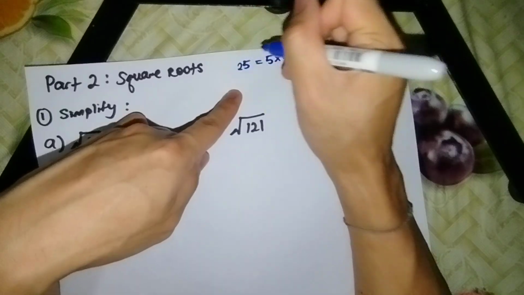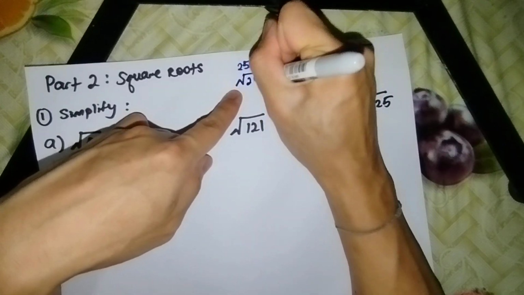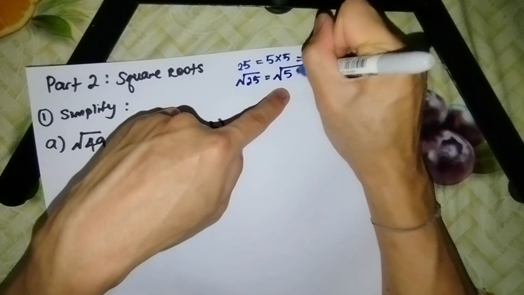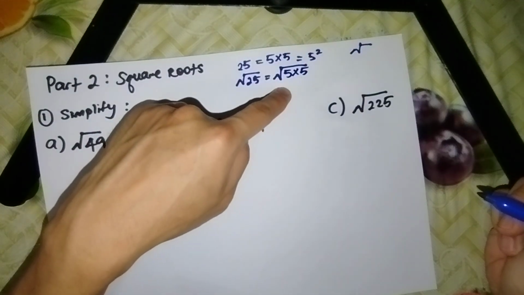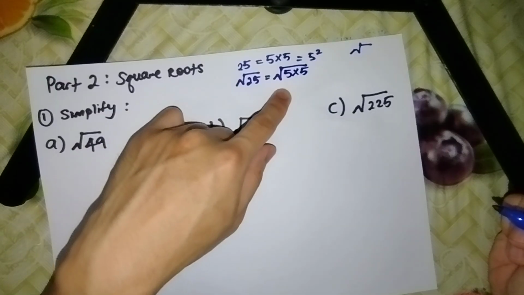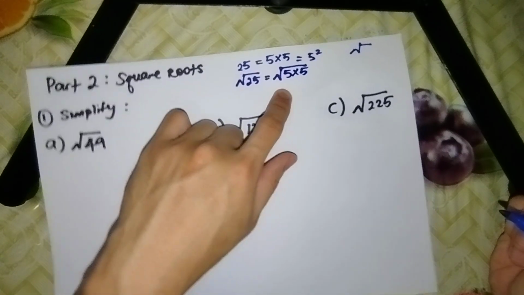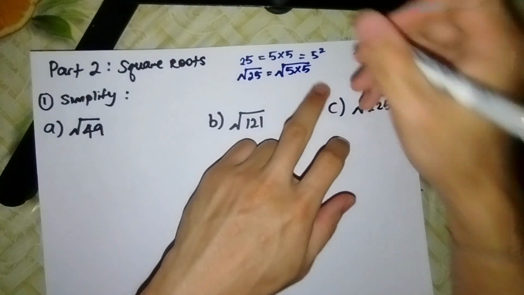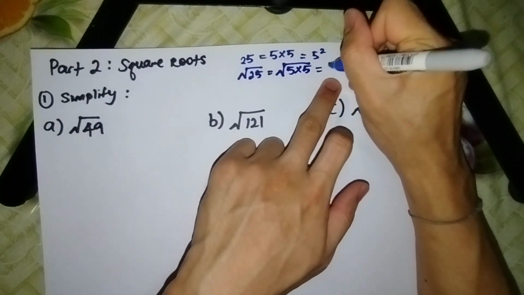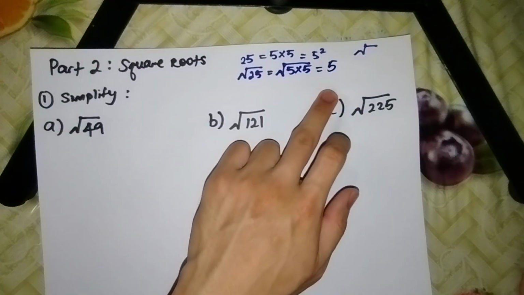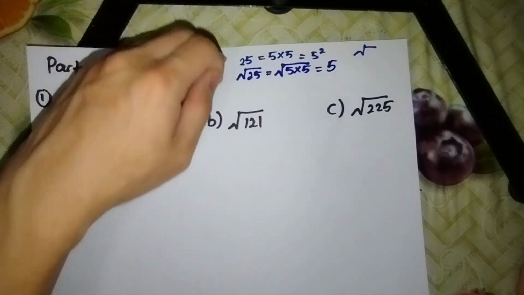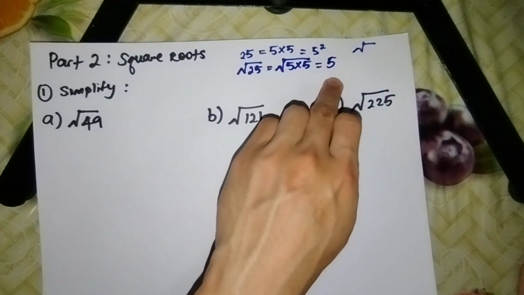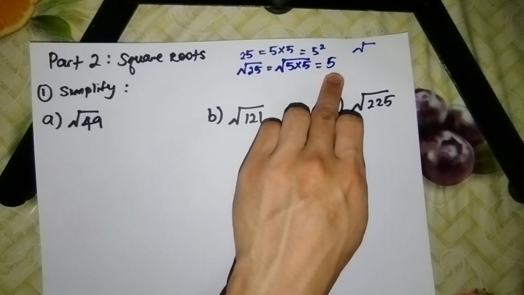If I want to find the square root of 25, it means I want to find the square root of 5 times 5, and it returns us the number 5. So as you can see, when you square root 25, it returns the number 5, which is the simplified version of it.